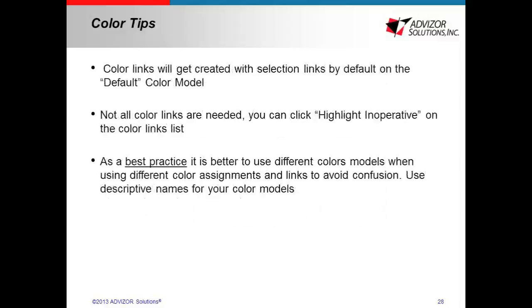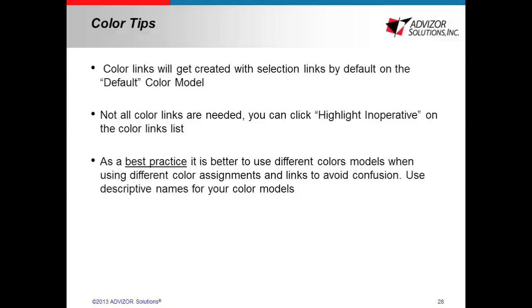Things to keep in mind is that the color links get created by default when you create a selection link. We work on lots of projects, and I think the only time you actually deviate from the links that you use on the selection is probably less than 20%.